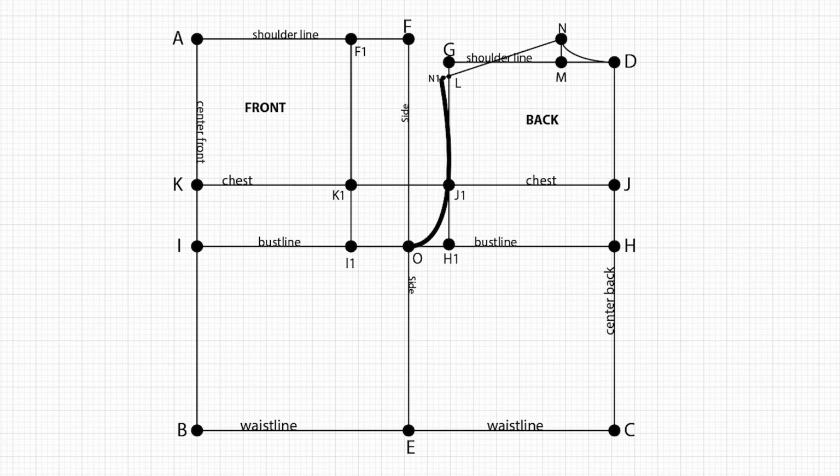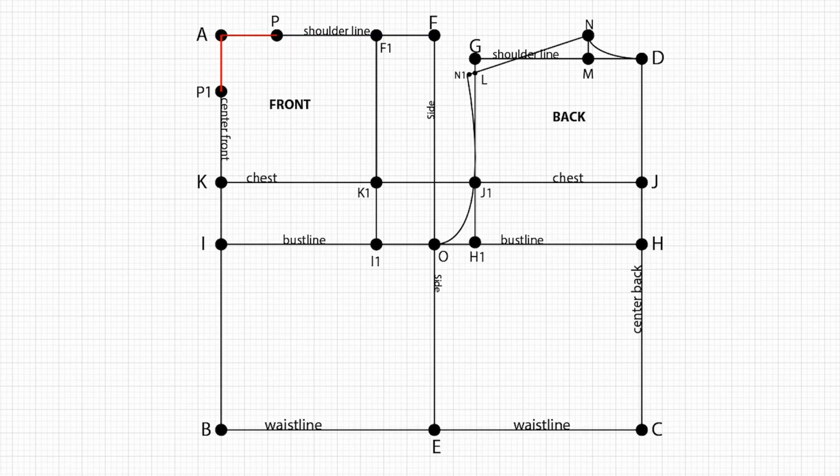Now for the front, start at point A, take your across shoulder measurement, and divide that number by 6. Whatever number you get, measure that across from point A on the shoulder line and also from point A down the center front.